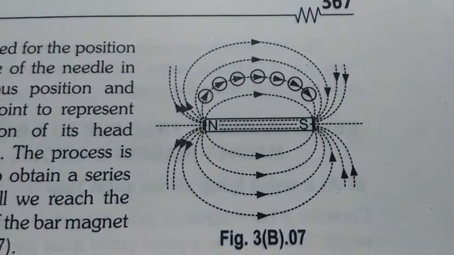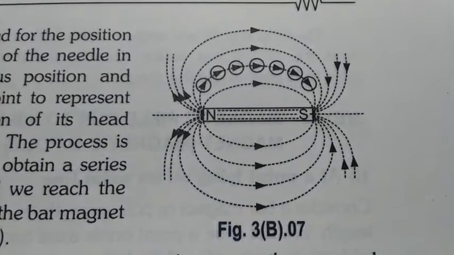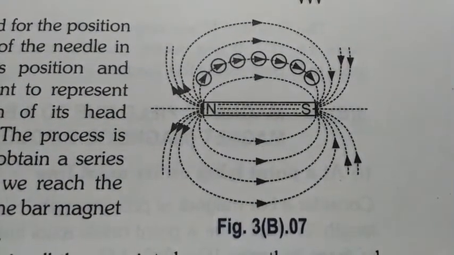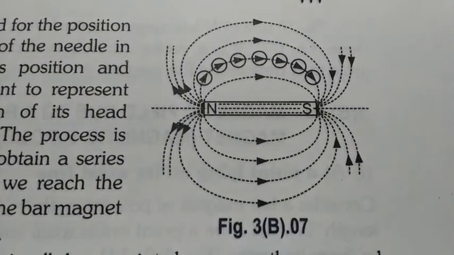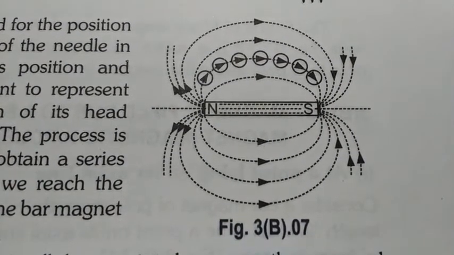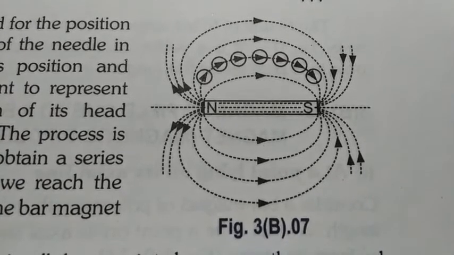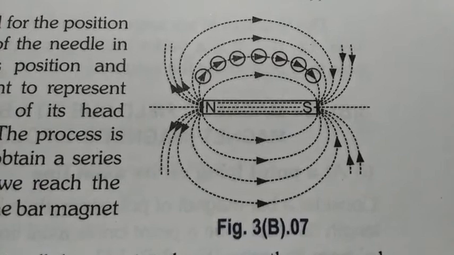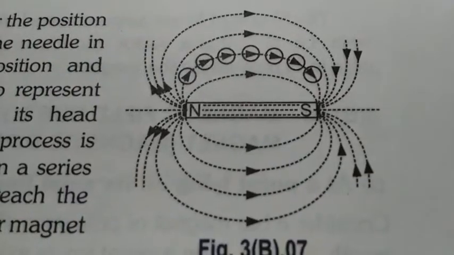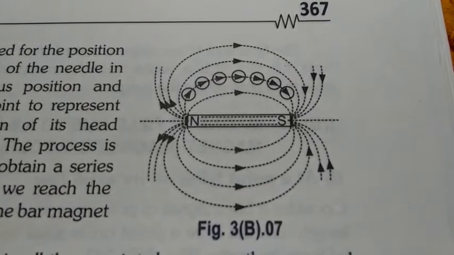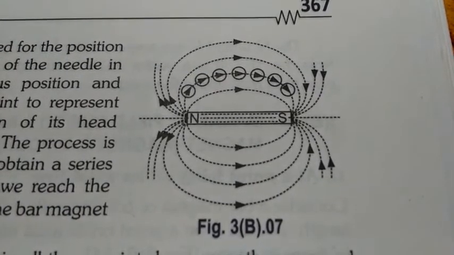To understand this better, first look at this figure. In this figure we have one bar magnet, and because of this bar magnet you can see magnetic field lines. They are coming out from the north pole of the magnet and going into the south pole. Now we all know that the geographic and magnetic poles of the Earth are opposite to each other.